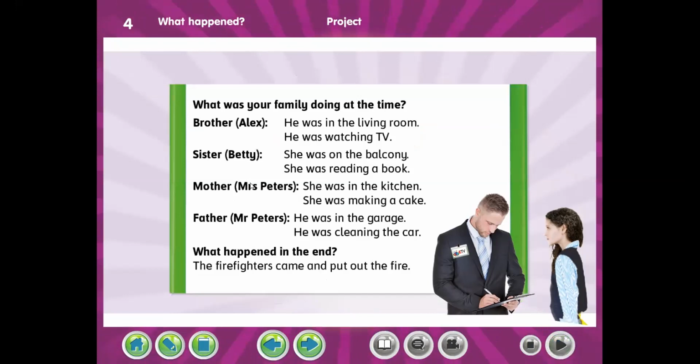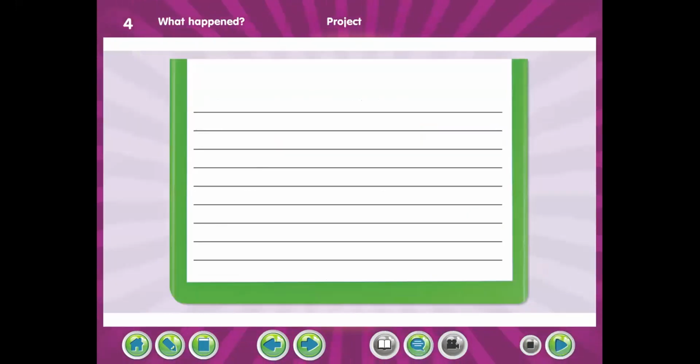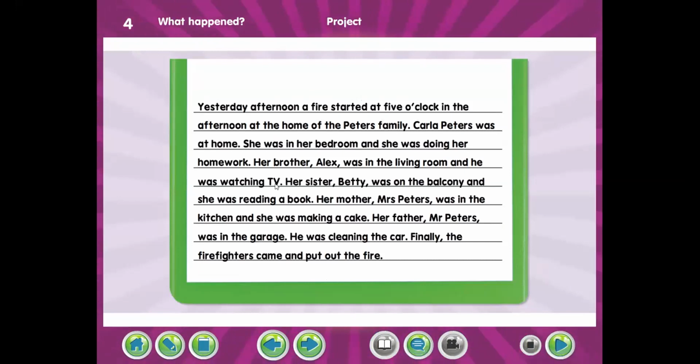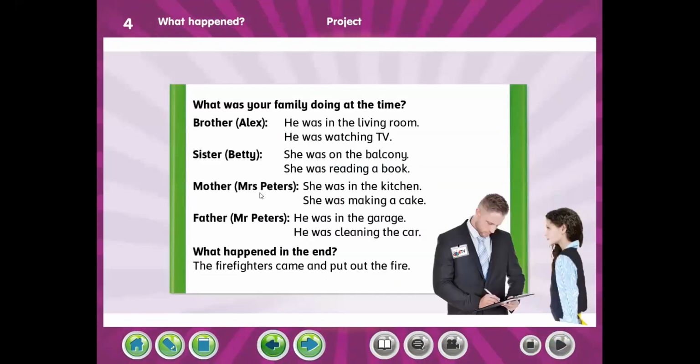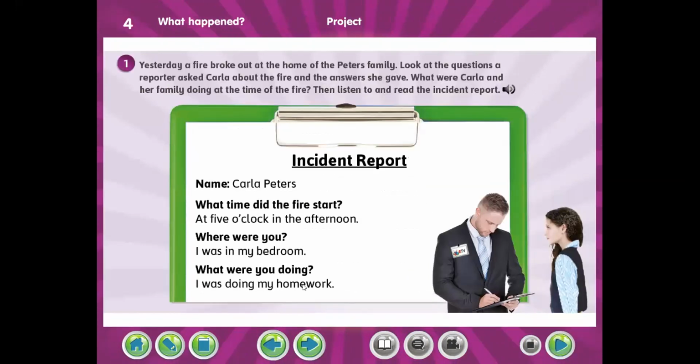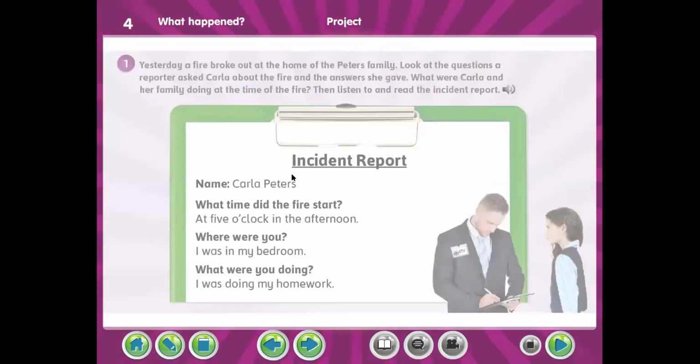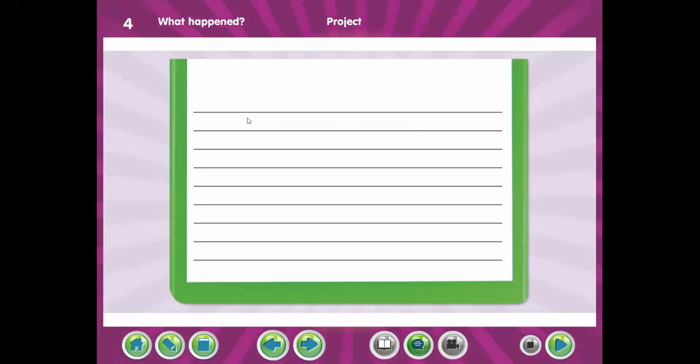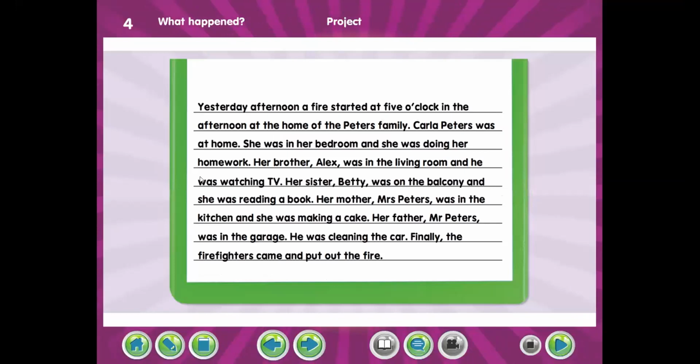The same. What happened in the end? And at the end, the last part, we are going to write a summary. This summary has the same information as here, but in a composition, like a paragraph. You see?